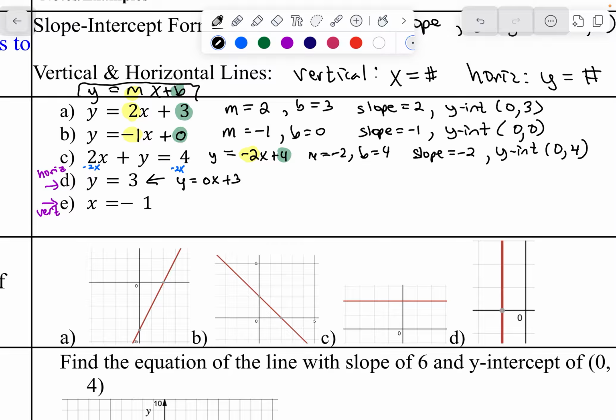See how we don't see an x. But then you can clearly see that our slope is 0 and our y-intercept is 3. So m is 0, our y-intercept is 3. Let's write out the words. The slope is 0, and our y-intercept is the point (0, 3).